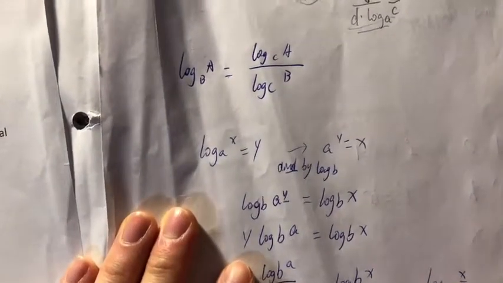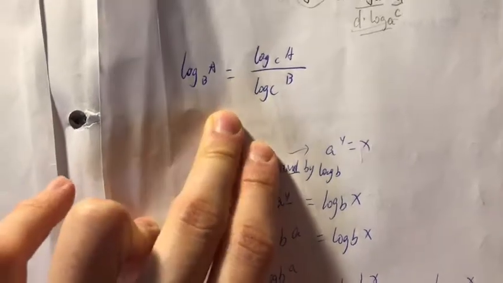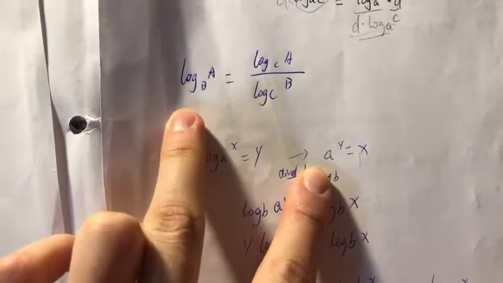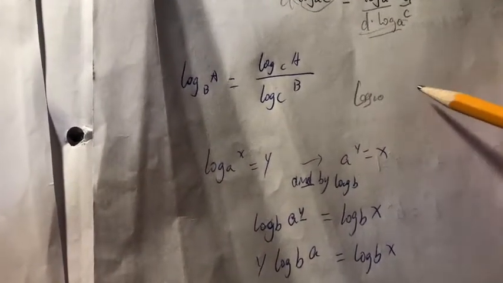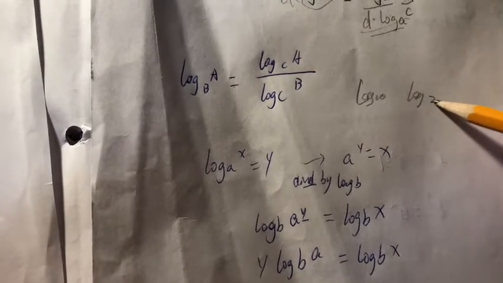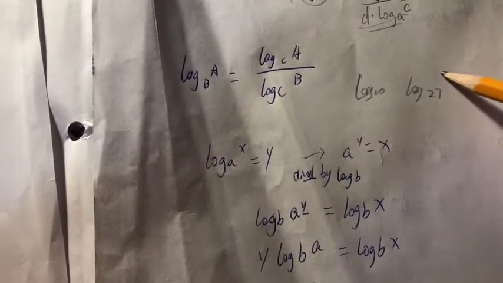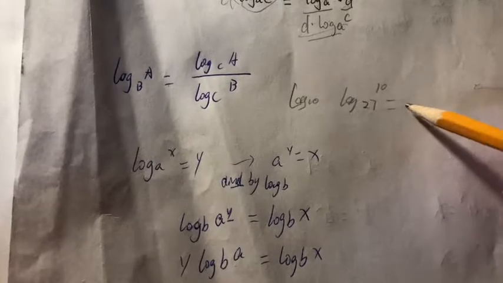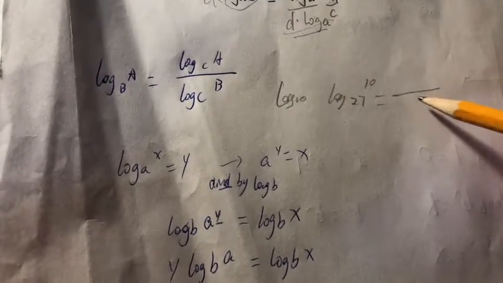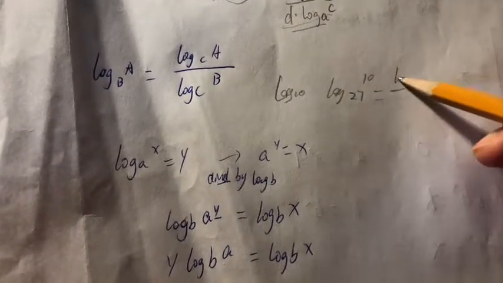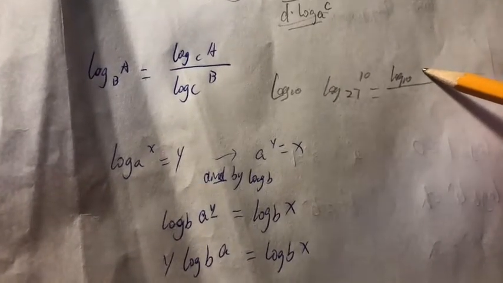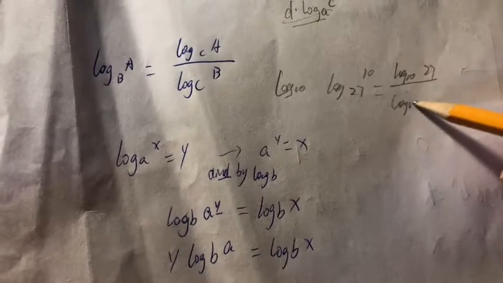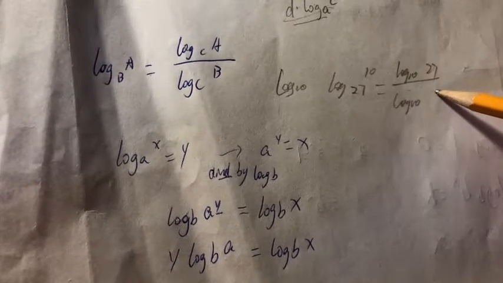The last one is very useful, especially for your calculator, because sometimes your calculator only has log base 10. But if they're asking something like log base 27 of 10, let's just say that. For this formula, you can very easily use log base 10.